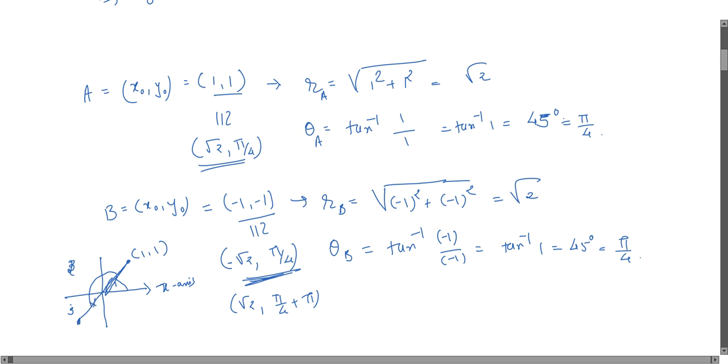Okay, so this thing you have to keep in mind. So whenever your points are in the second or third quadrant, while calculating the angle, you have to be careful. Okay.